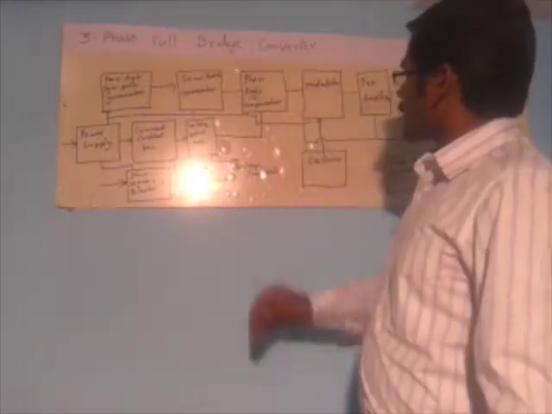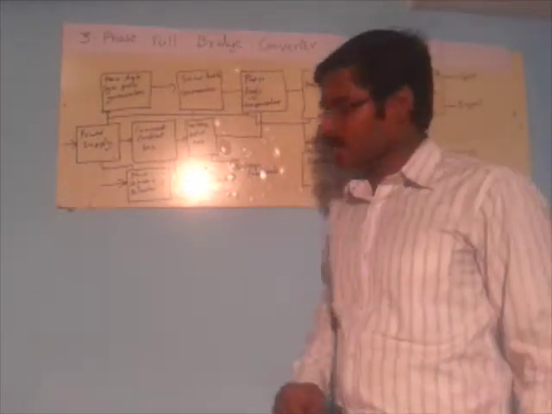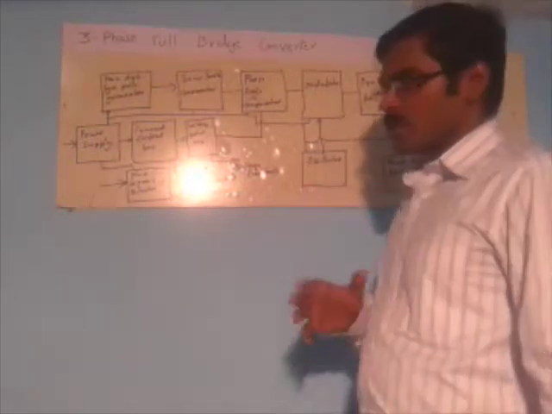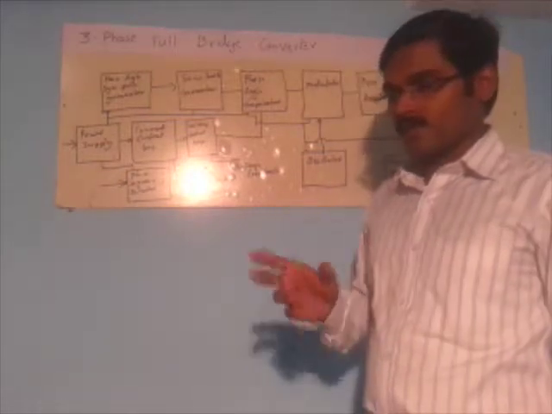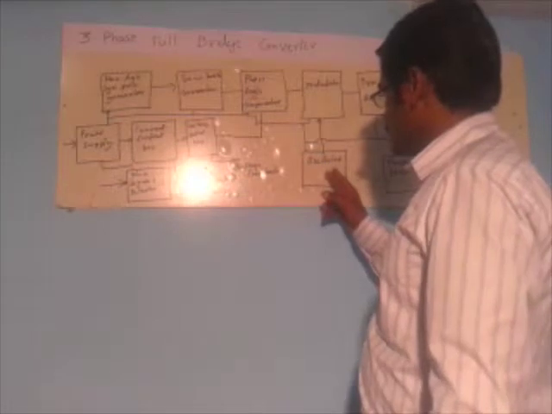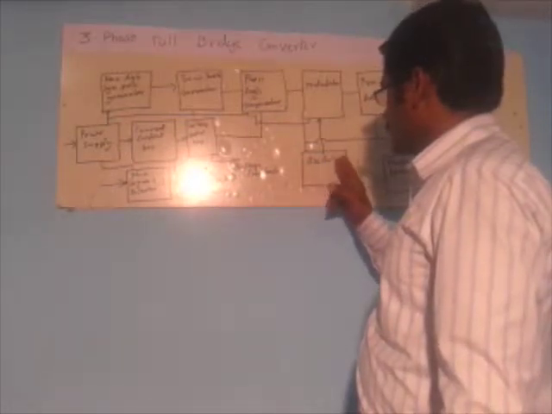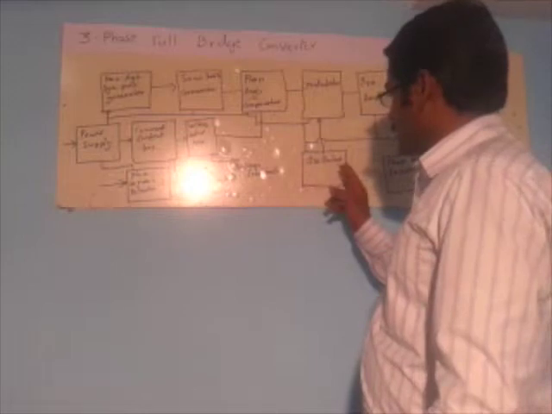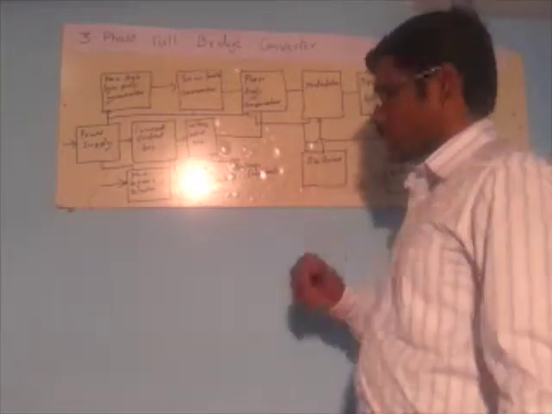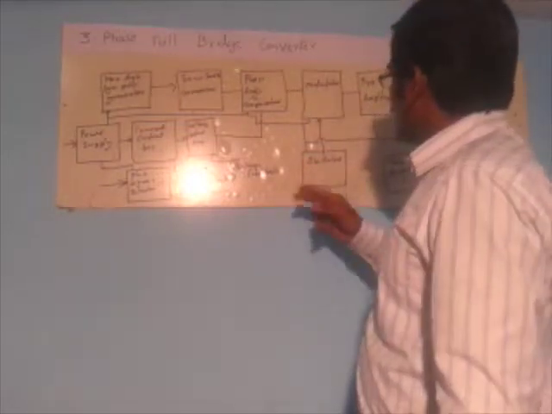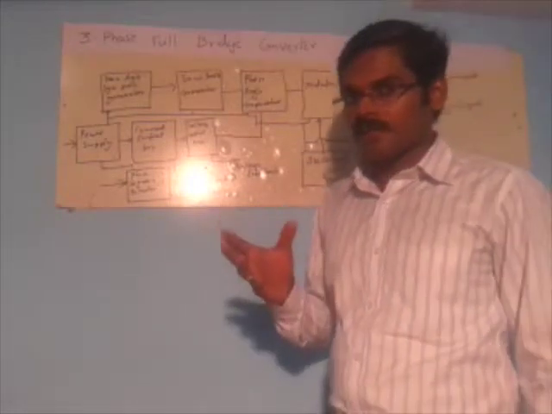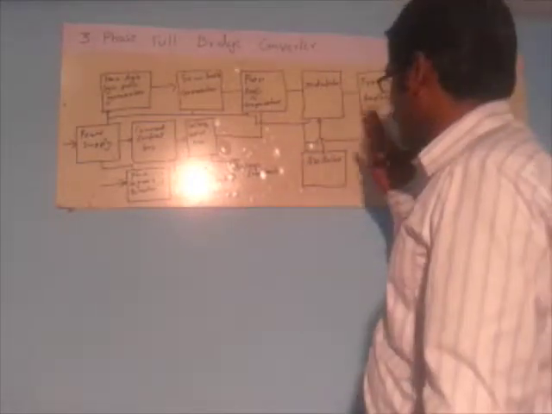Next stage is the modulator. It is a pulse width modulator, and here we can see an oscillator also. What is modulation? Superimposing a low frequency modulating signal on a high frequency carrier. That is modulation. This oscillator will generate about a 10 kilohertz square wave, meaning high frequency, and the modulated wave is applied to the input of the preamplifier, for primary amplification.